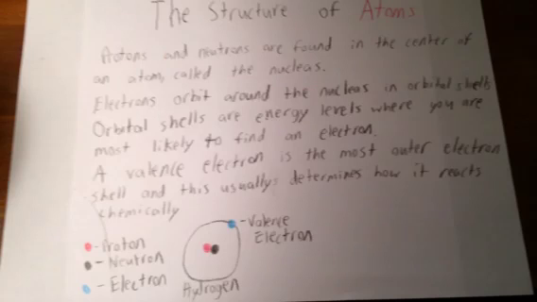In an atom, protons and neutrons are found in the center of an atom called the nucleus. Electrons orbit around the nucleus in orbital shells. Orbital shells are just energy levels around the nucleus where you're most likely to find an electron. The valence electron is the most outer electron shell of an atom.